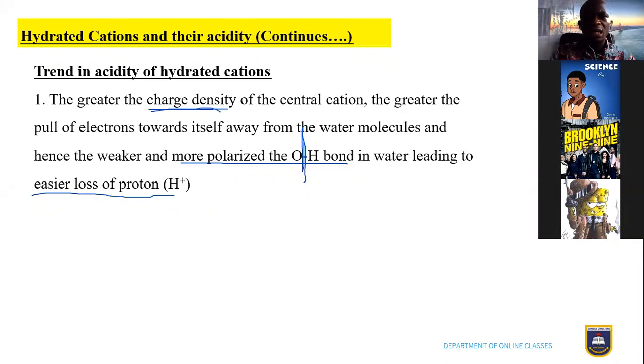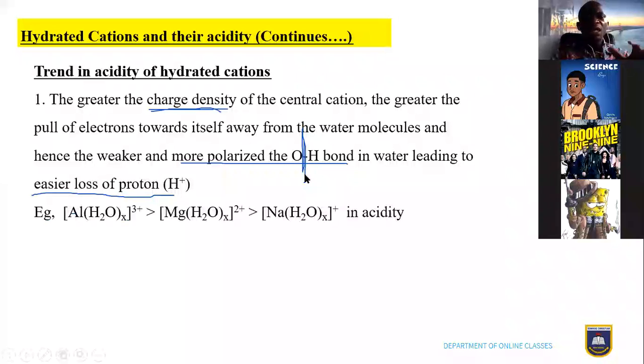Now let's look at an example. By the way, let me say this: this only comes into play when you have the same number of water molecules surrounding the cation. So in an examination, if it is the first principle they want you to use to rank the hydrated cations given to you, the number of water molecules will always be the same.